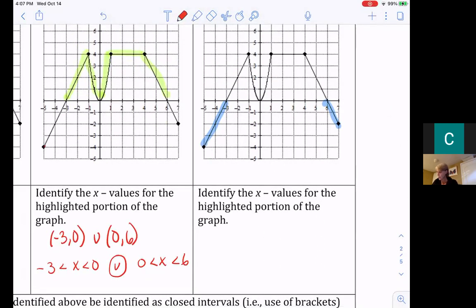We start at -5 with a bracket because that point is included. And we go all the x values to -3, but don't include that. And then we're going to start at 6 with a parenthesis and go to 7. And that's going to have a bracket, once again, because that's included.